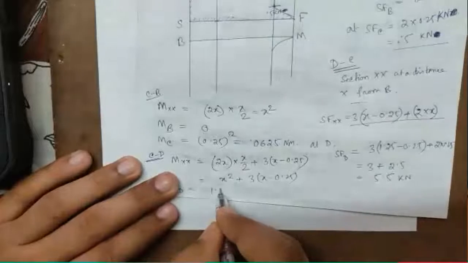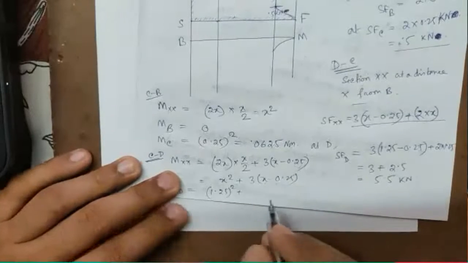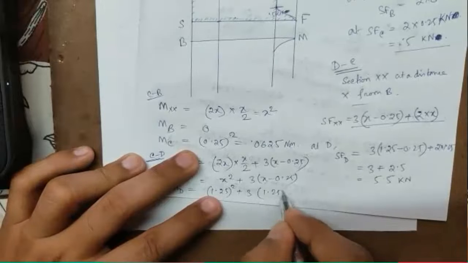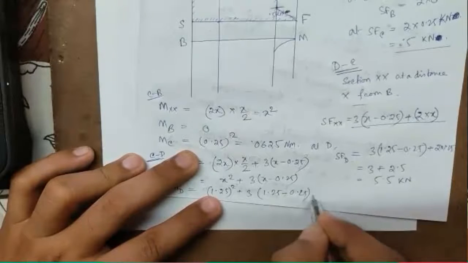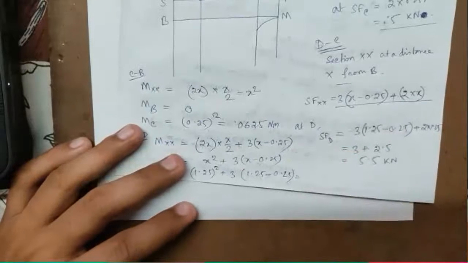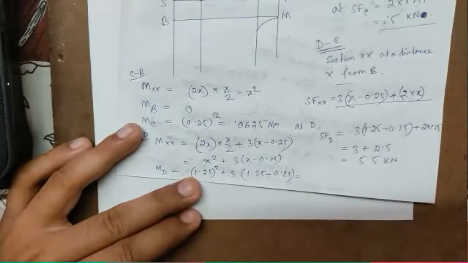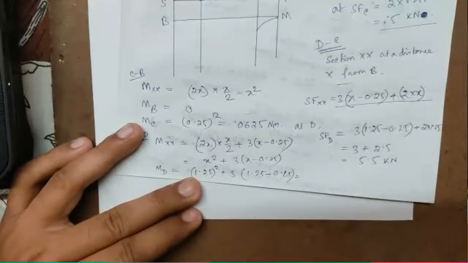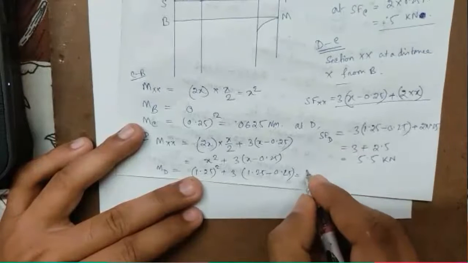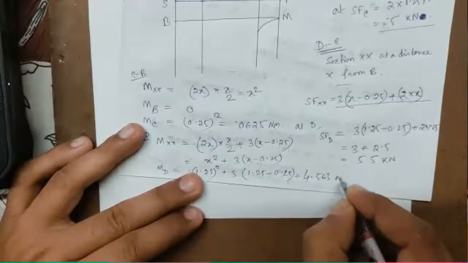So you just put the value x equal to 1.25 plus 3 into 1.25 minus 0.25, and it will give us, now we need a calculator. 1.25 square plus 3, so it will be 4.563.